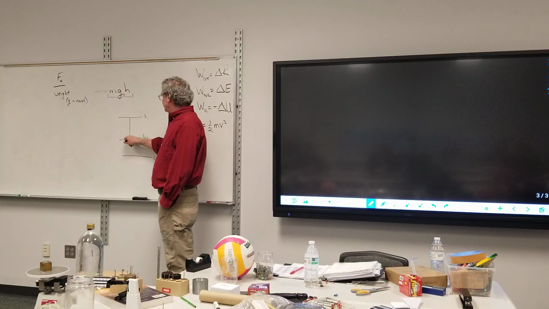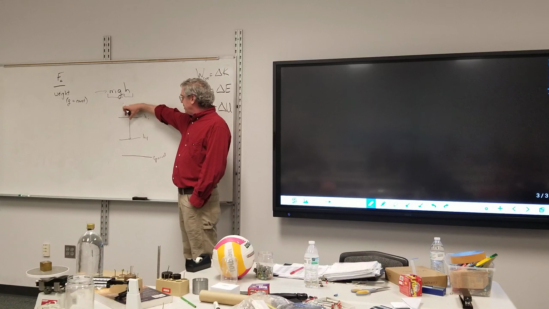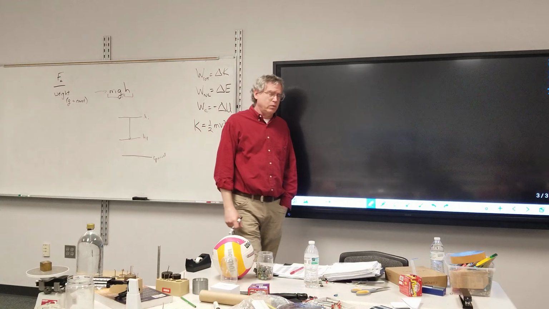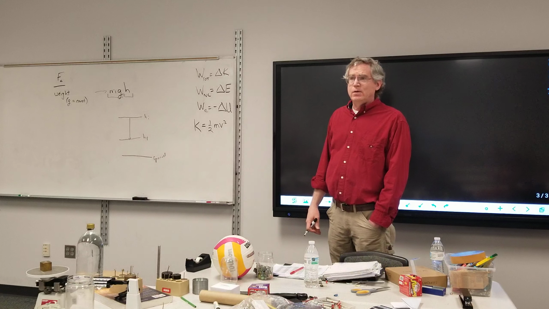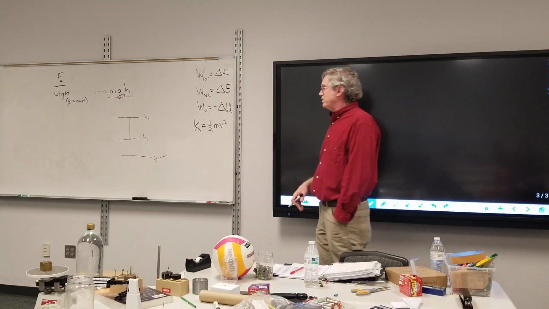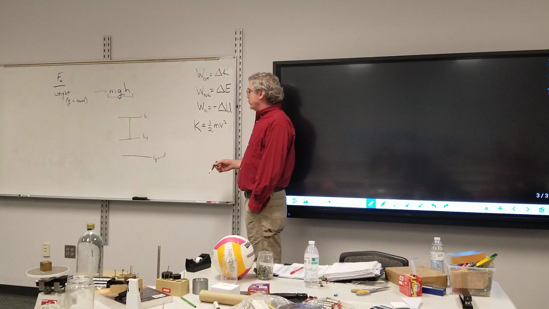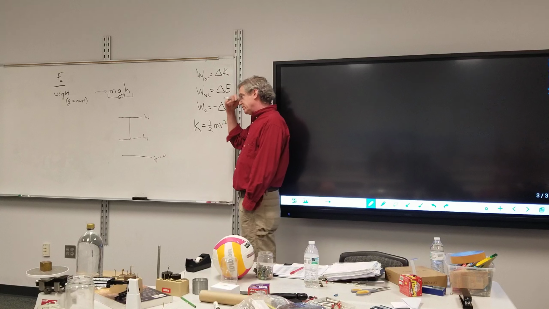If an object falls that distance, so let's say I take a rock, I start it here and I drop it, it will of course gain speed, which means the kinetic energy goes up, which means potential energy goes down, because gravitational force, weight specifically in this case, is a conservative force, so energy is conserved.